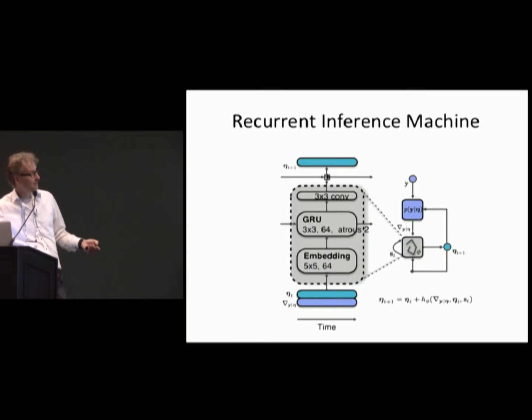And then the box here is a general purpose kind of deep neural net. So you compute the gradients here from your forward likelihood model. You compute your state x, goes into some CNNs, some convolutional layers, go into a GRU unit that also takes in the previous memory state. Again, some convolutions, right, and then add it to the previous estimate x. So it's like a gradient step, and then you repeat.